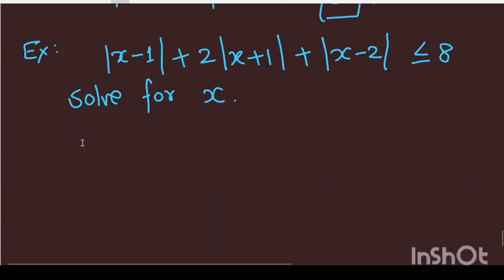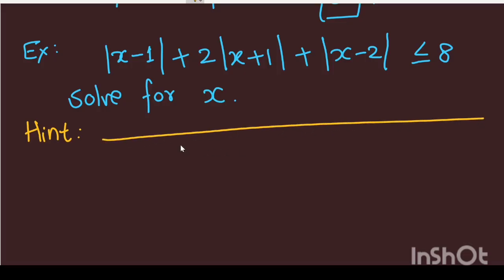So guys, let's solve this one. Now as you can see in this question, there are 3 moduluses involved. So we need to define all the 3 moduluses, and it will create how many intervals, how many cases. Each case we have to solve. So if you see x minus 1, x minus 2 related to this, the point is 2.